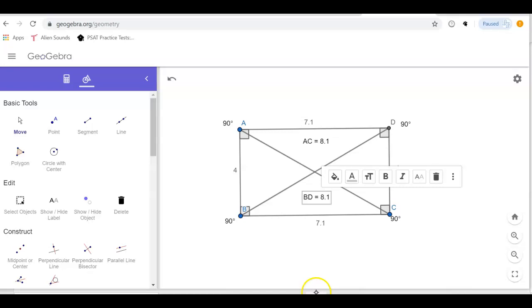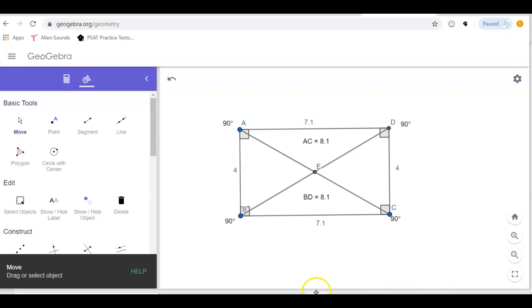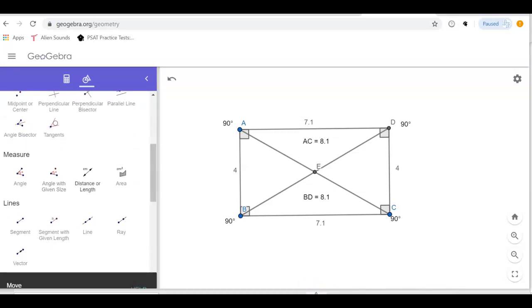Then now let's plot that point at the intersection. Right away, because we know it's a rectangle, you already know that the diagonals are going to bisect each other because it's a form of a parallelogram.